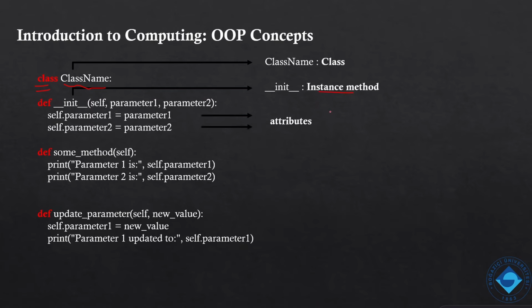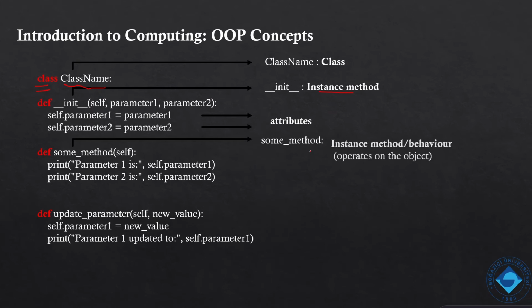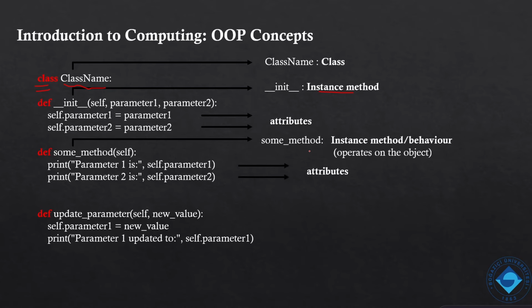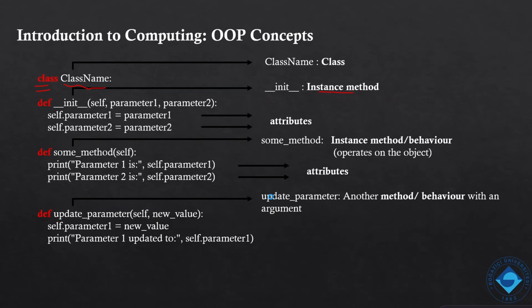We are using that one to assign attribute values or variables. And here, some underscore method, our instance method, or we can call it a behavior. And again, attributes here. And update underscore parameter, again, another method, behavior, with an argument.